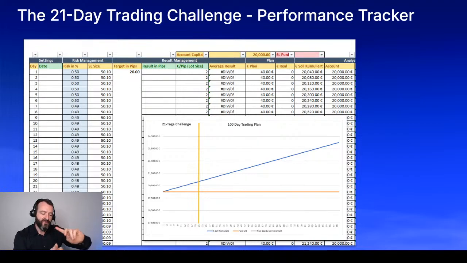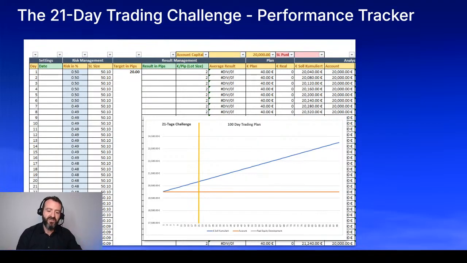You gave in the risk, you gave in your target, what you want to earn every day. The position size was calculated, and based on this the plan calculates a prognosis, an estimation that if you're trading according to plan and the results are according to the plan, you will have this development in the equity. And with the third line, you can always compare yourself to the plan.